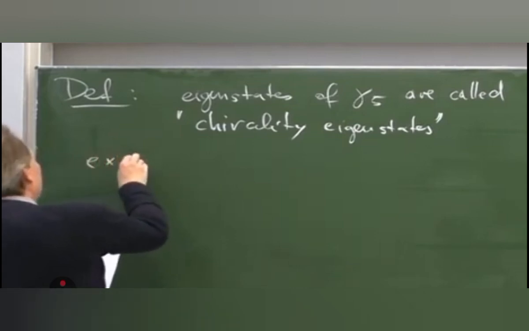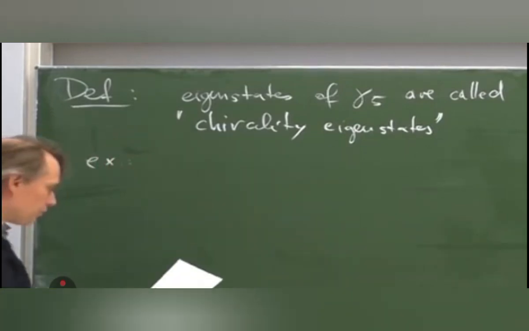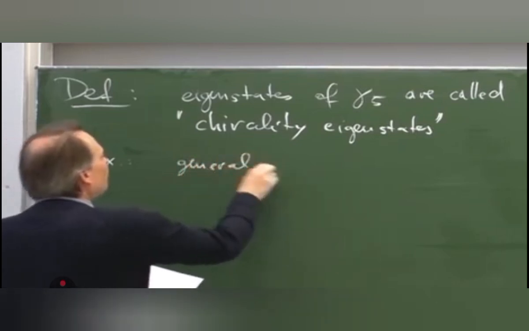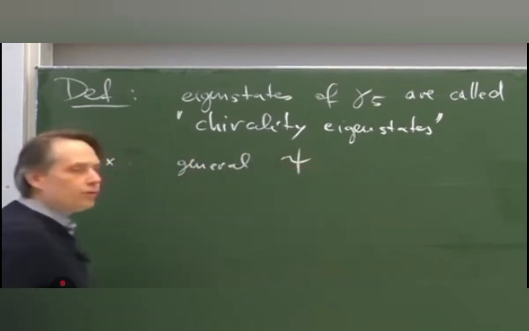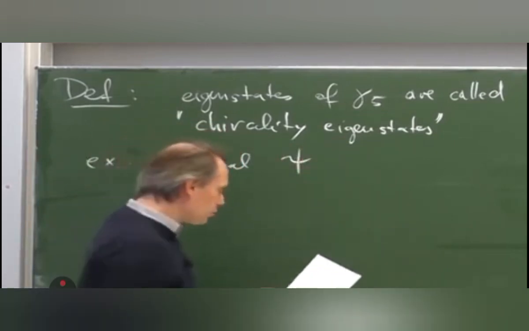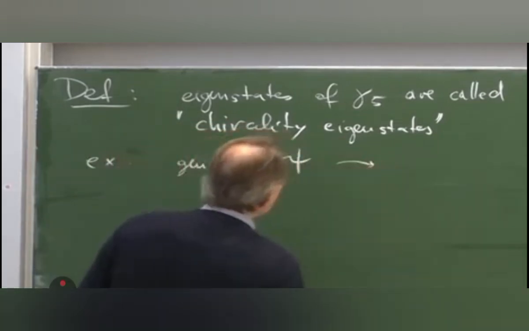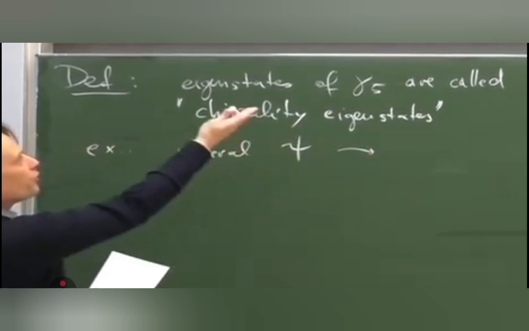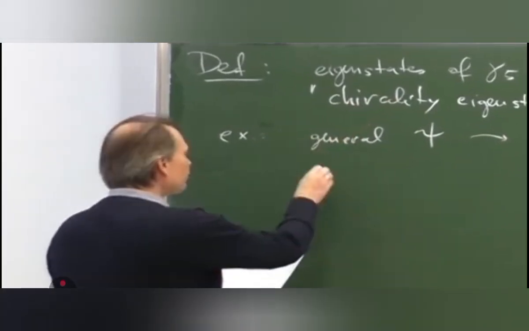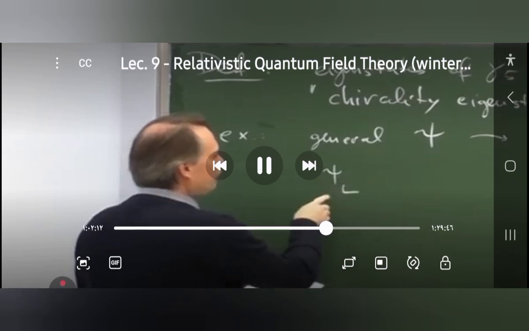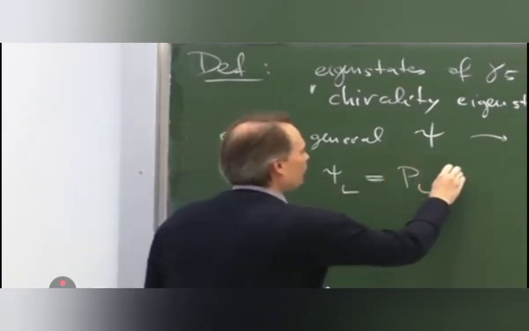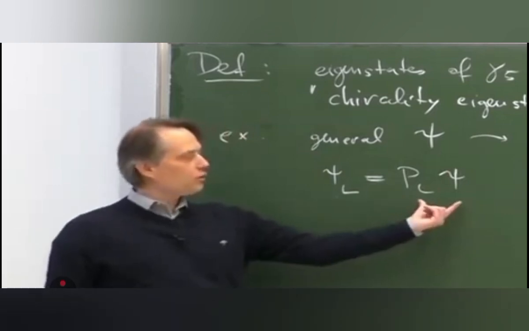Let us exemplify this a little bit with some relations. Let us take some general Dirac spinor psi, which is a 4-component complex spinor as usual. And then what can we do? Using all these new matrices, projection operators and gamma 5, we can first of all define a left-handed part of the spinor by projecting it with this P left.